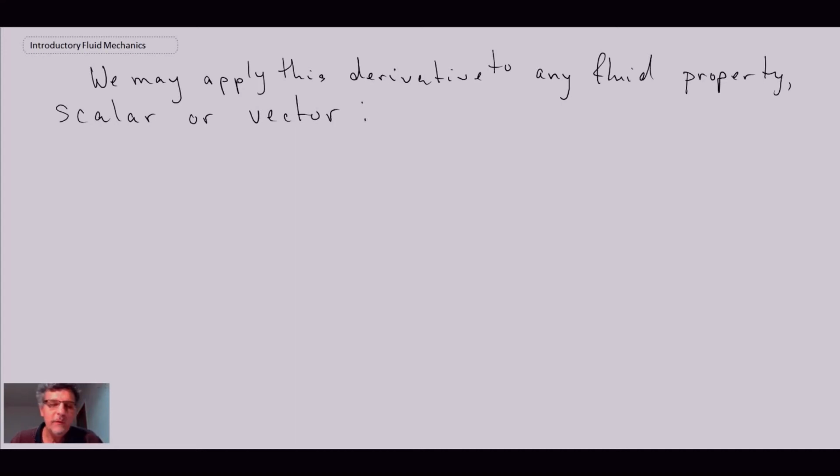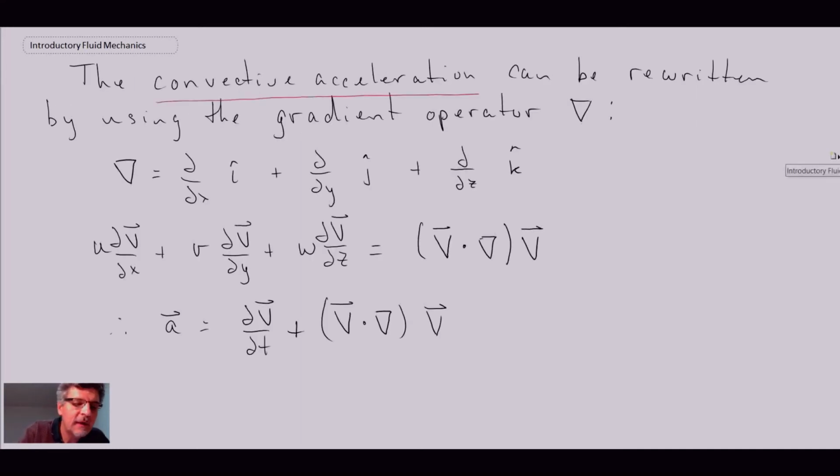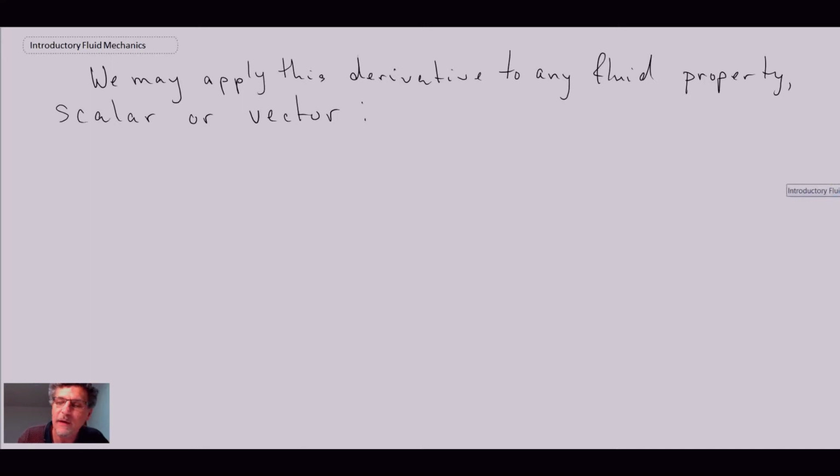Although we've written this for the acceleration, it turns out that we can use this for any fluid property, be it a vector or a scalar. What we just looked at, we applied to a vector and obtained the acceleration, but we can also use the same operator and apply it to any of the properties, scalar or vector.